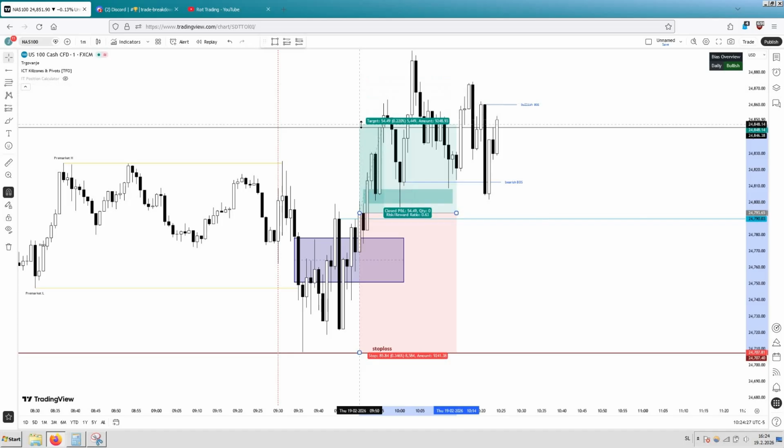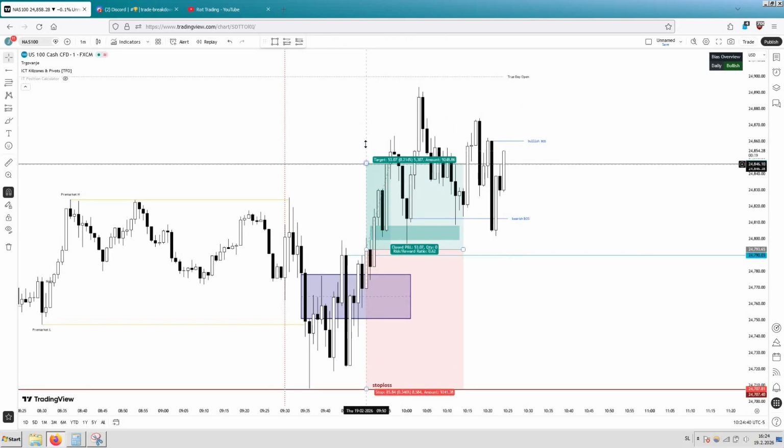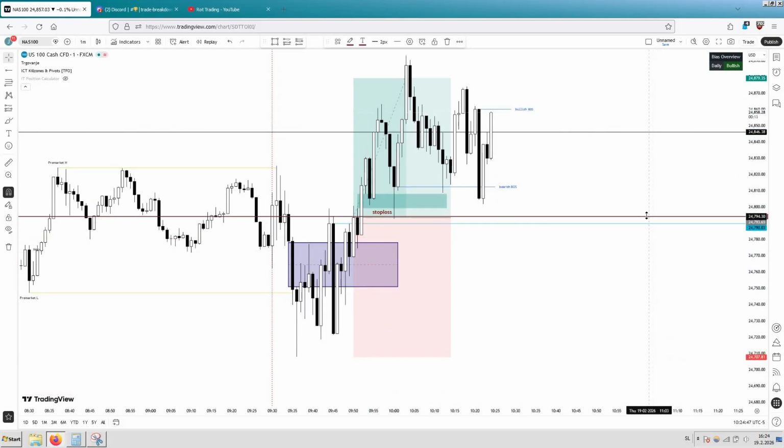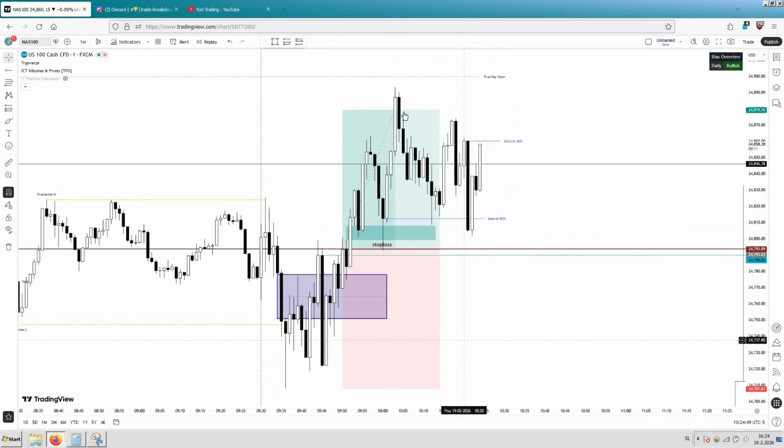Why did I keep it? Because yesterday I realized that if I move my stop loss up too quickly, then I get stopped out, just like I was getting stopped out yesterday. So once we reached a 1 risk reward ratio, then I moved my stop loss to break even. And then what happened afterwards?